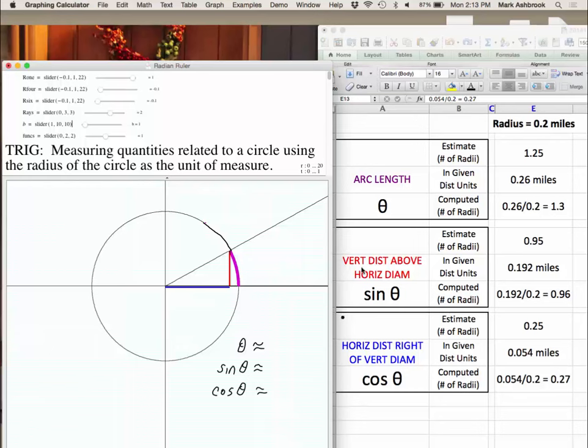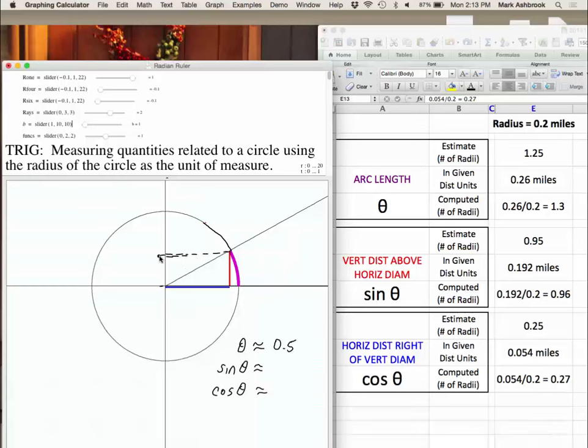Okay, what'd you estimate for theta? About half of a radius length. You should have seen that that's about half of a radius length. Okay? Sine theta. Okay, so you're looking at, I'll kind of drag a little bit.